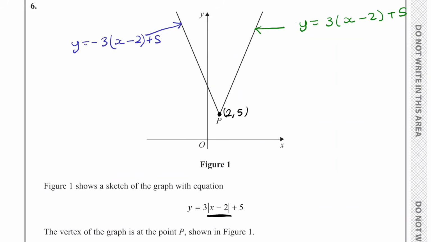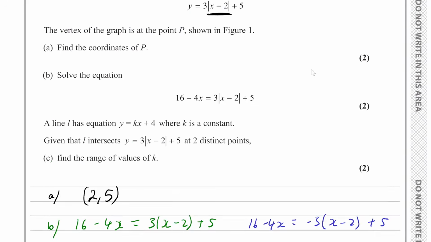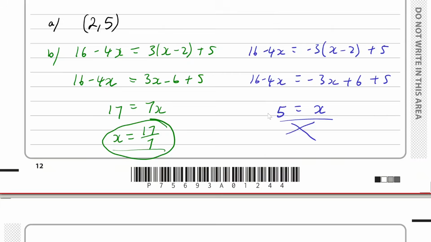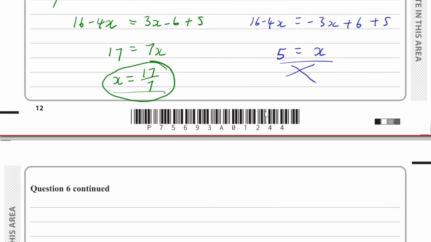Yep, 17/7 is bigger than 2. So 17/7 is on the green line. So that one works. So this is not an answer, but 17/7 is. So the answer is x is 17/7 only.